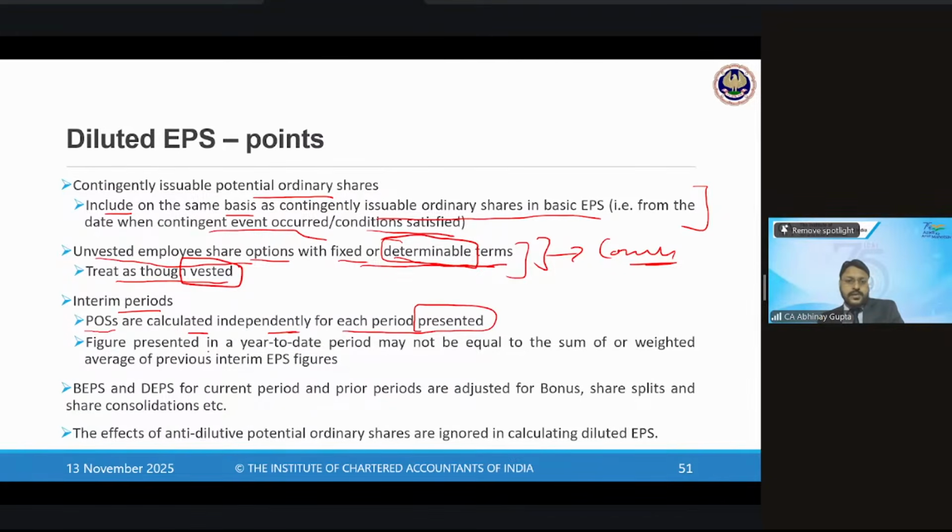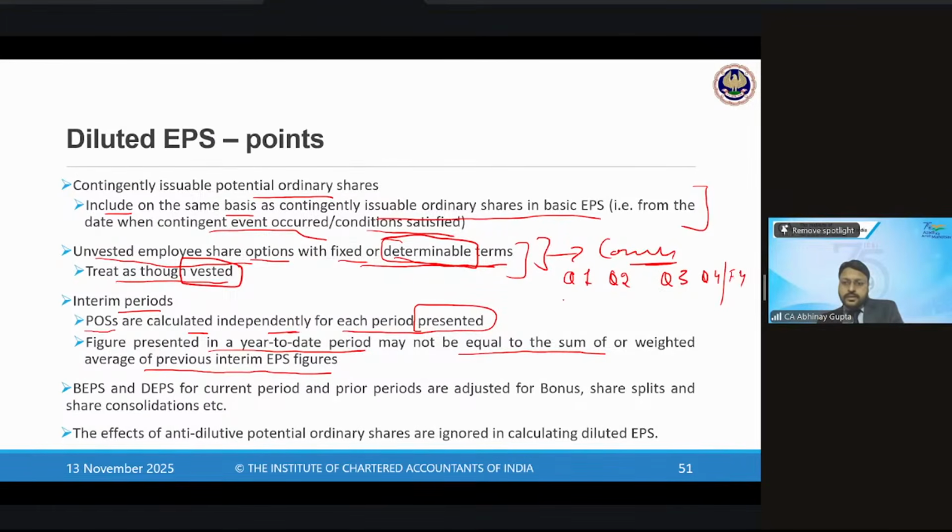Figures presented in a year-to-date period may not be equal to the sum of, or the weighted average of, previous interim EPS figures. So my question to you is on this: suppose Reliance is producing its quarterly results, for Q1, Q2, Q3, and Q4, and then the full year, right?